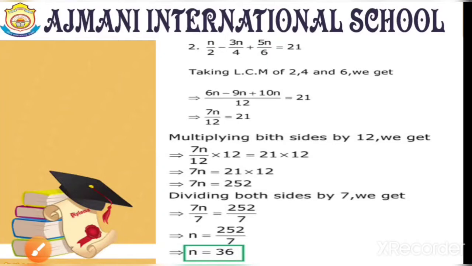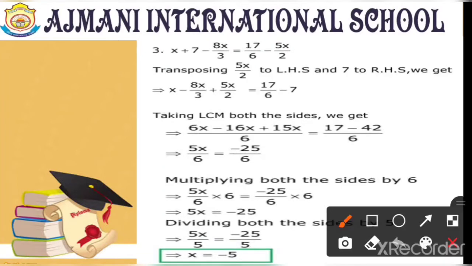Moving to the next question. The third part is x plus 7 minus 8x by 3 is equal to 17 by 6 minus 5x by 2. Here you can apply two things. As I told you, you could directly take the LCM, or you can keep the variables and constants at separate places.